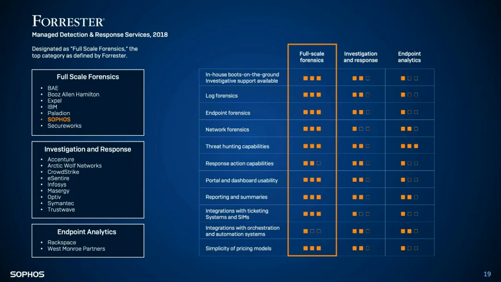The most comprehensive report is this one from Forrester, their most recent NowTech report on managed detection and response. And you see that they've broken different providers based on the level of efficacy with which they provide their service. And you see Sophos there in that top category, full-scale forensics, the most robust offering that does the most for customers.